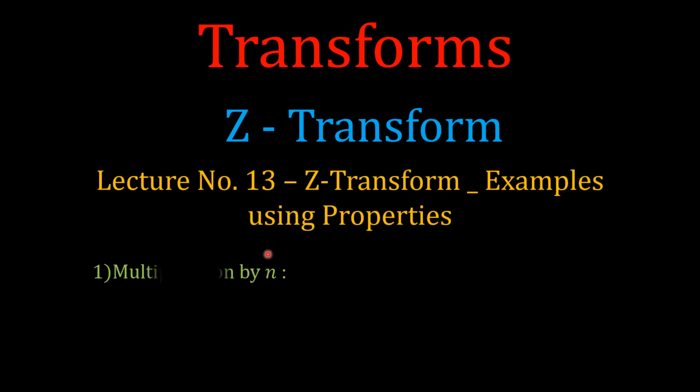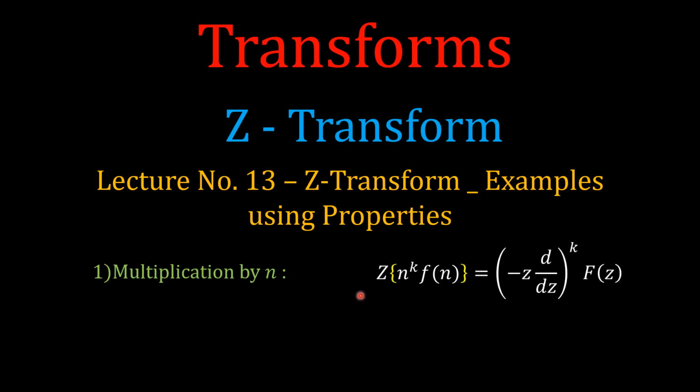Hello everyone, in this lecture we are going to solve problems on Z transform using the properties. First one is multiplication by n, which is given by Z transform of n raised to k into f of n is equal to minus z into d by dz bracket raised to k into f of z, where this f of z is the Z transform of the sequence f of n.